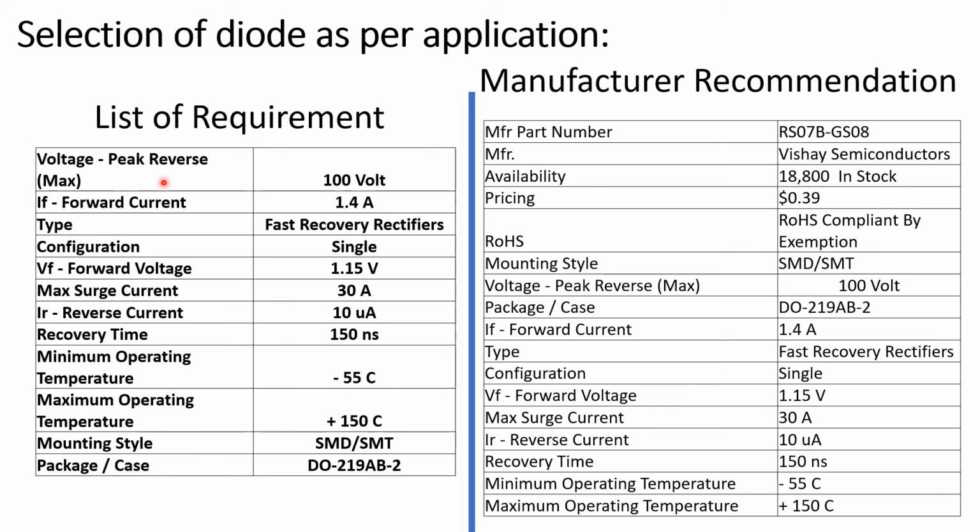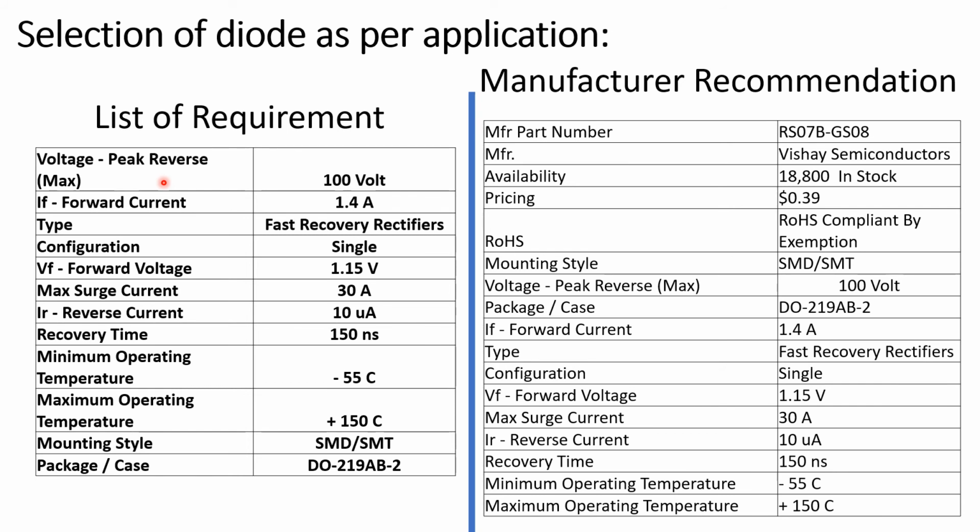Suppose you want to connect a diode at 230 volt RMS. The peak of this will be 230 times root 2, nothing but 325 volt. So for any diode connected in an AC supply of 230 volt, you must choose more than 325 volt. So basically, take more margin and choose either 400 or 500 volt of reverse voltage.